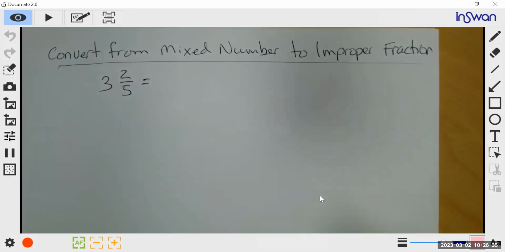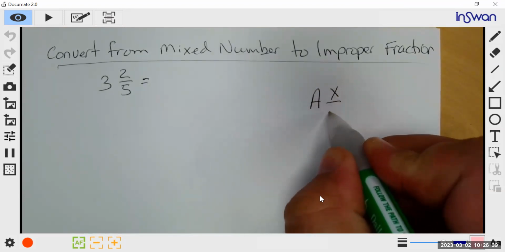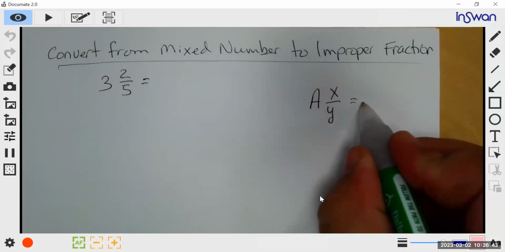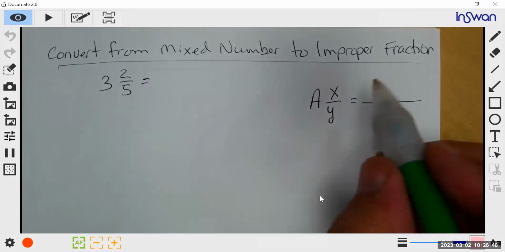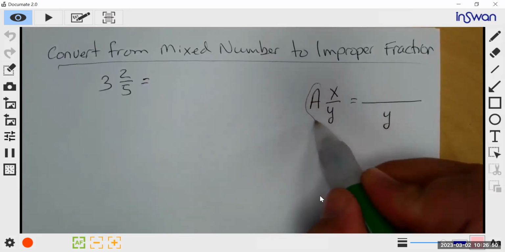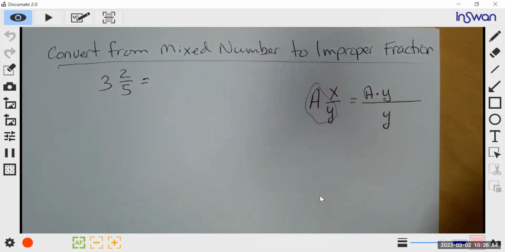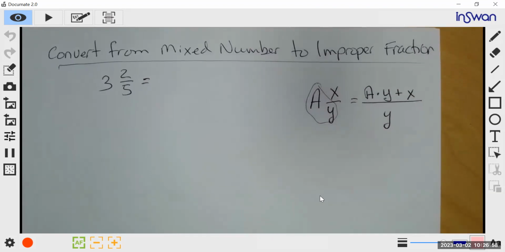Here's the formula. This is a mixed number. Remember, the bottom number has to stay the bottom number, so that's easy. To get to the top, multiply a times the denominator and add the numerator.